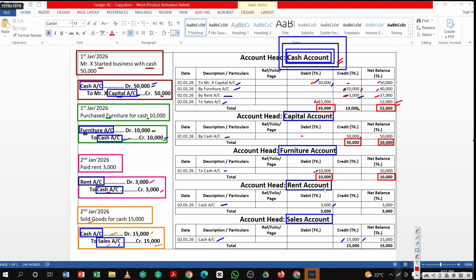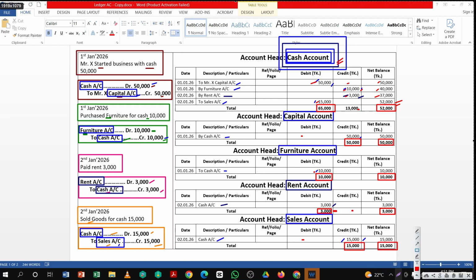In rent account, debit side is 3,000 balance, credit side no balance, so net balance is 3,000. This is debit balance. In sales account, debit side nil, credit balance 15,000, net balance 15,000. This net balance will be credit balance 15,000.